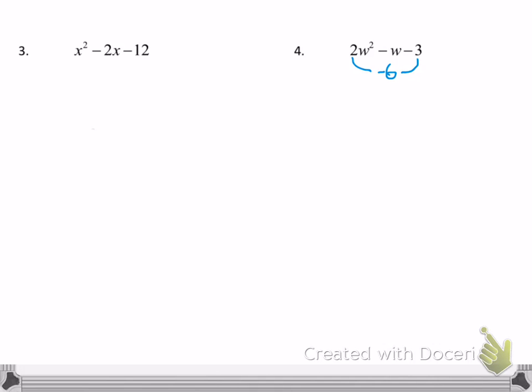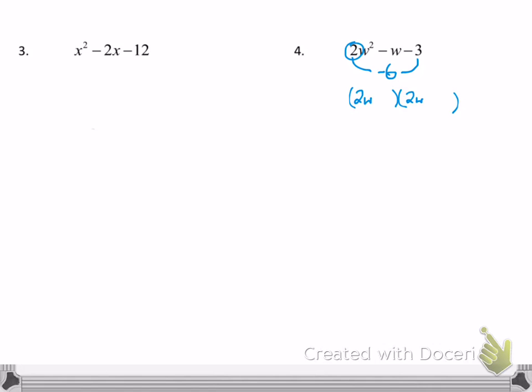Just the numbers, not the variables. Okay? Next step in the Miller method, make my binomials. And then this 2 comes to both. Okay? So 2w and 2w. Again, you might still be saying, wait, Mr. Joe, 2w times 2w is not 2w squared. I know. Okay? We'll reduce it at the end.